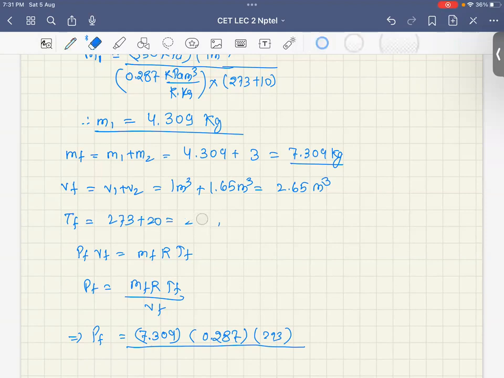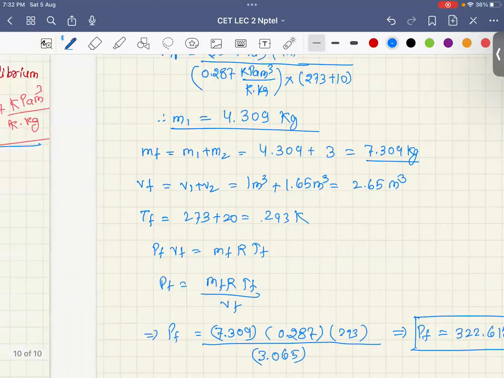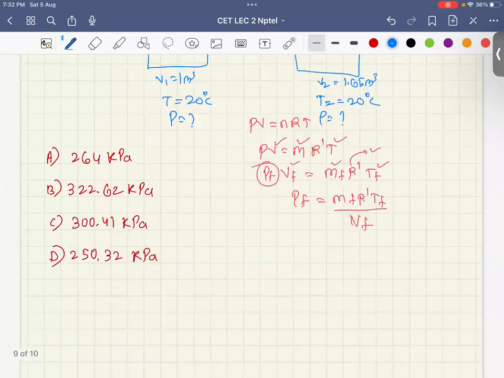So this is 293, divided by 3.065, right? Which corresponds to PF being 322.618 kilopascal. Okay, this is nothing but option D, I think.